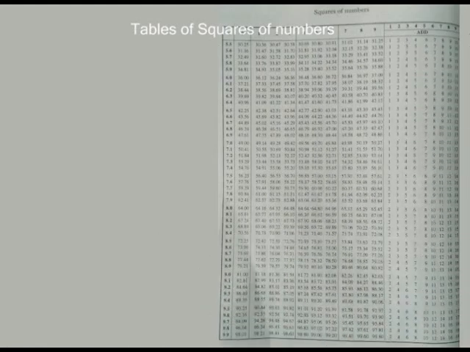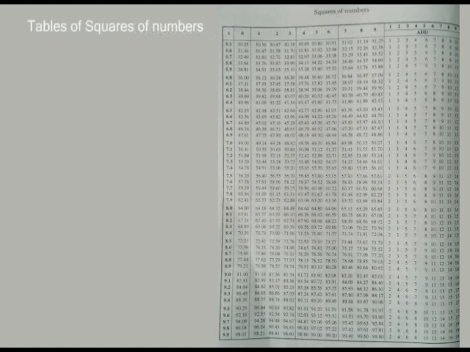This is a sample page of the tables of squares of numbers. In this section, we shall learn how to find the squares of whole numbers and decimals using this table. These tables provide the squares of numbers from 1.000 to 9.999. The table has 3 main sections. 1.